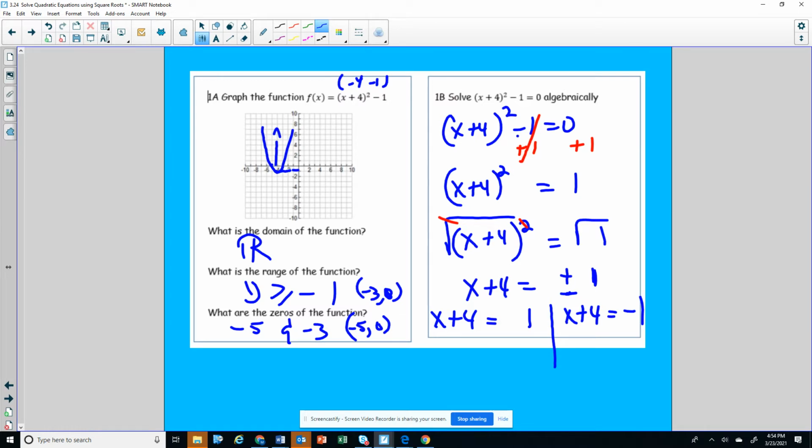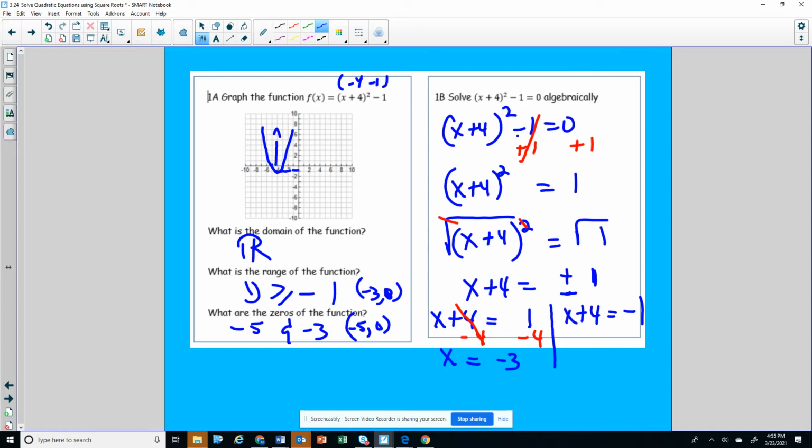And from here, I know you're going to solve this. I want to get x by itself. Therefore, I'm going to add a negative 4 to both sides. That goes away, so I'm left with x is equal to 1 and negative 4, which gives me negative 3.